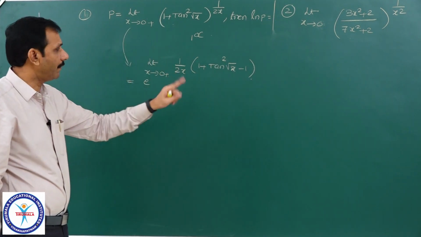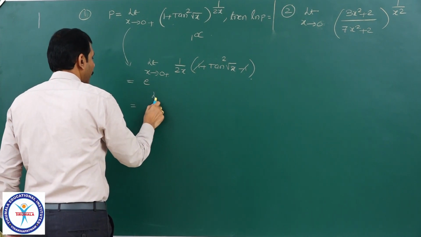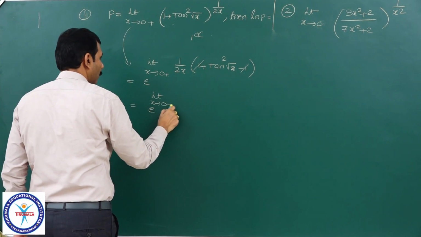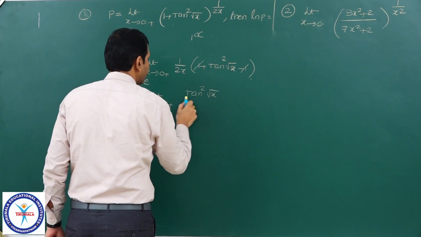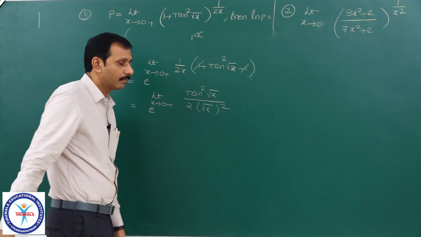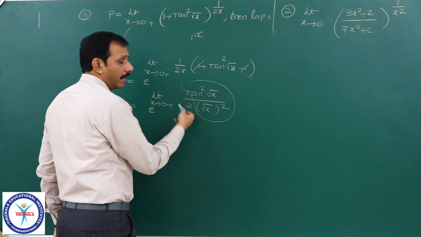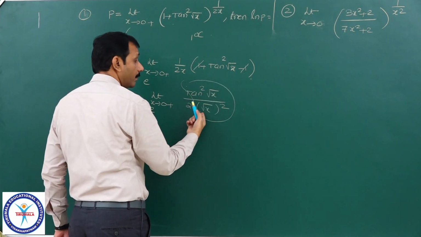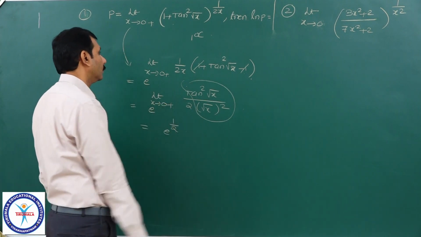G of x into f of x minus 1, this 1 will get cancelled, almost completed. E power limit x tends to 0 plus it is what, tan square root x by 2 into, I will write, root x whole square. It is equal to x tends to 0 plus tan square x by x square is equal to 1 only. Of course, tan square root x by root x whole square, 1 only. It is equal to e power 1 by 2.